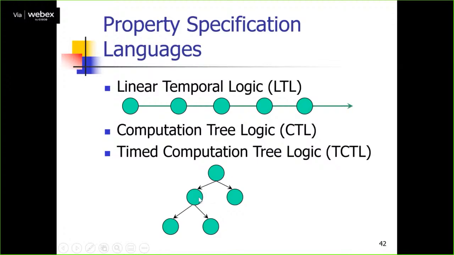Each link that is derivable can derive multiple dependabilities. This is the normal way of computation tree logic. If each dependability is with respect to time values, say this is derived to this with T1, and this to this with T2, then this type of tree logic is called timed computation tree logic, TCTL, where you can define something like less than 7 milliseconds.